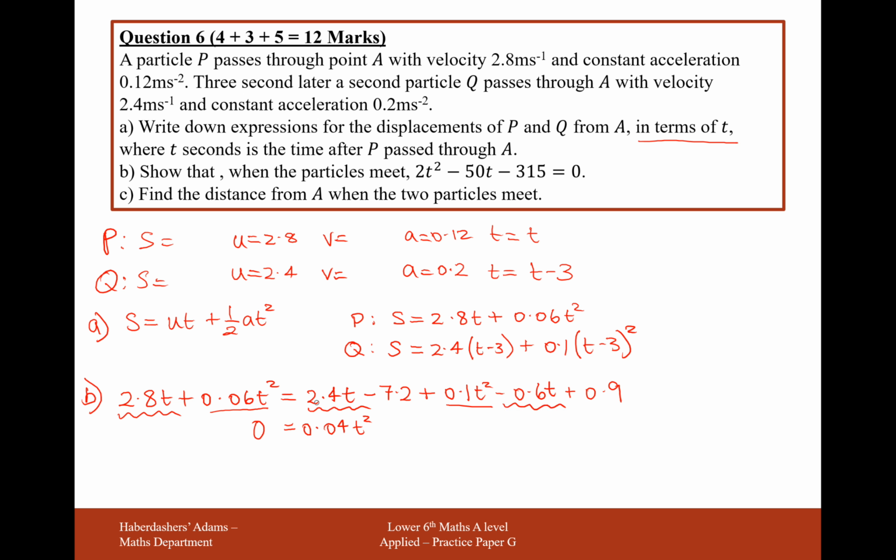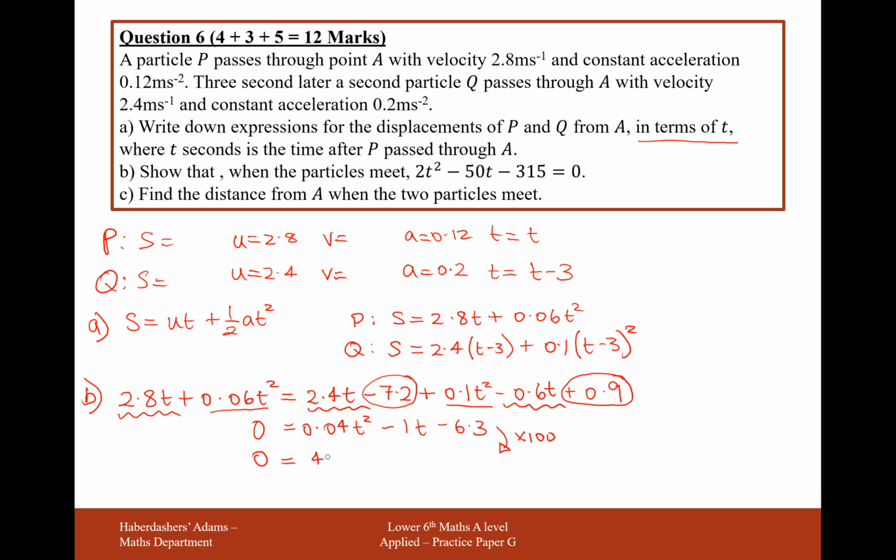In this case we're going to get 1.8 T, but then we're going to take away 2.8 T, so that's take away 1 T. And sorting out the numbers now, it's minus 0.72, add 0.9, so that will give us minus 6.3. Okay, to get rid of this 0.04, we'll times through by 100. We might be able to do some cancelling out afterwards.